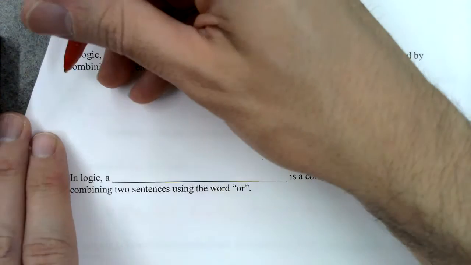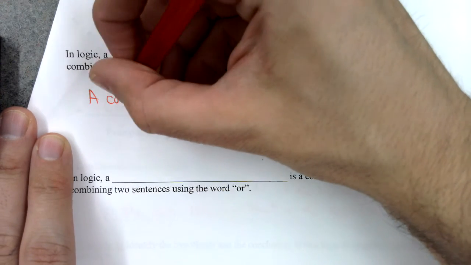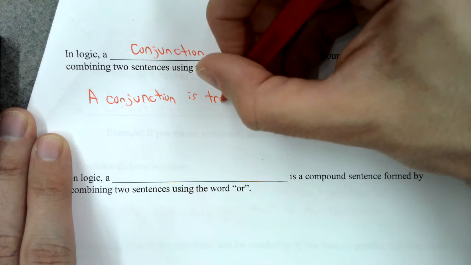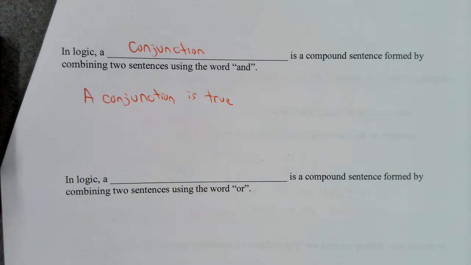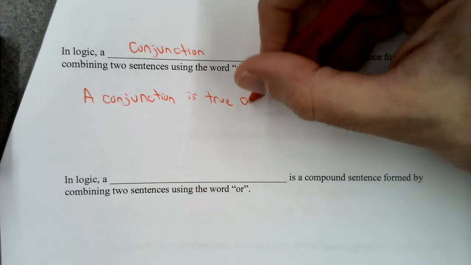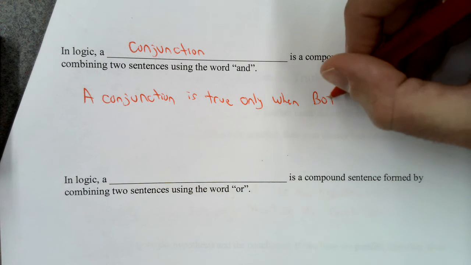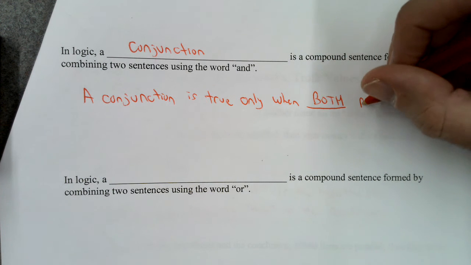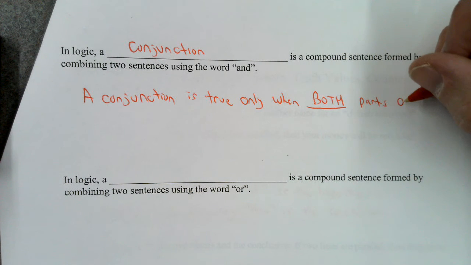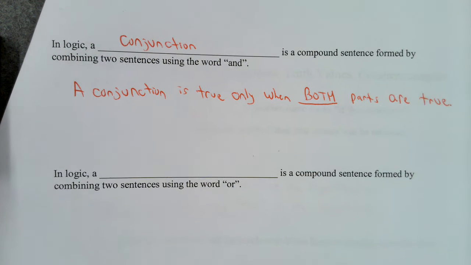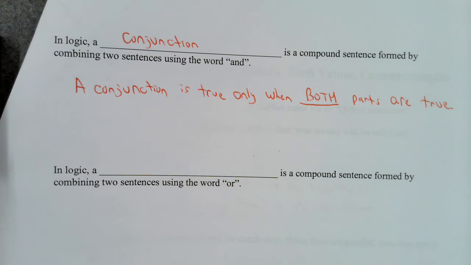A conjunction is true only when both parts are true. They have to both be true. If I say this and that, it's only true if both parts are true.